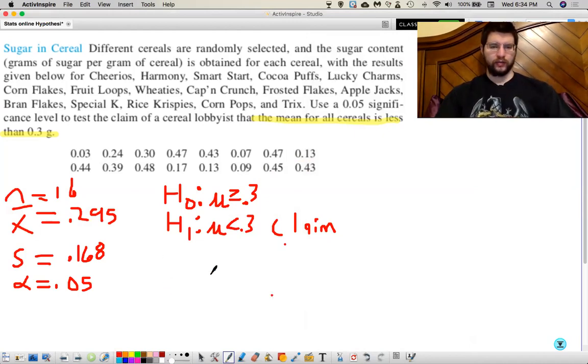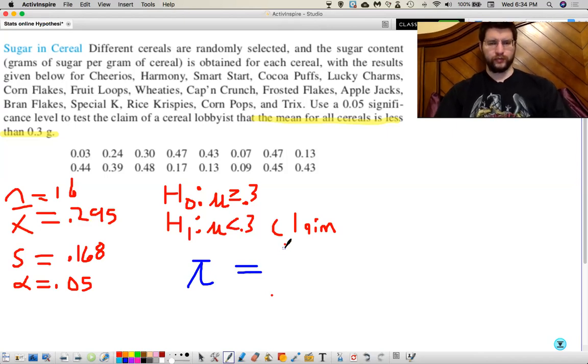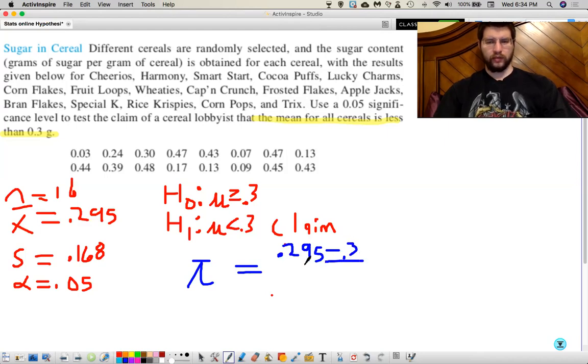So let me hurry because I'm running out of battery here on my AirPods. Let's do a little video. T is X bar minus mu over S over root n. Again, in the calculator, I'm actually going to use the whole decimal number it gives me. But for writing down, I'm just going to use 3 decimal places.